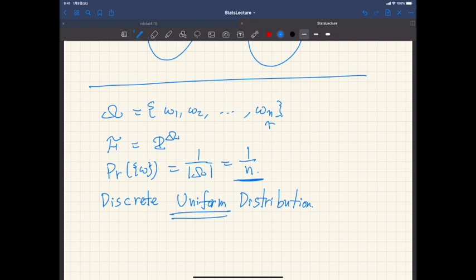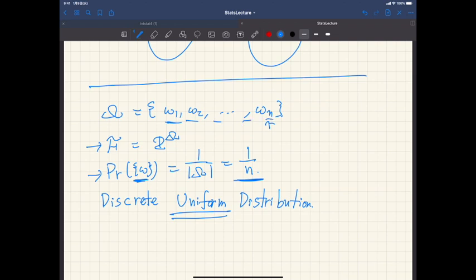But if you remember, the probability measure should be defined for all elements of the sigma algebra. But here, this is defined only for each subset which contains only one of the elements.